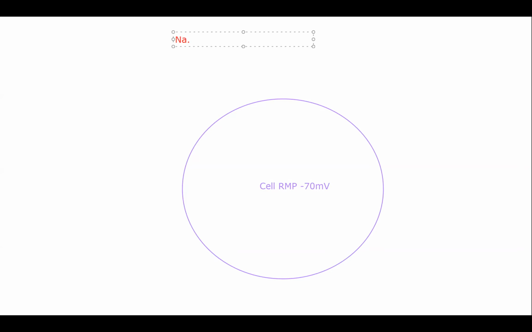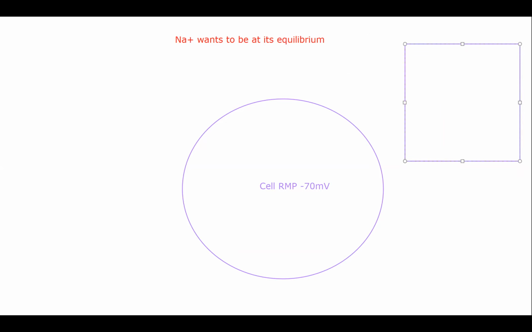Because sodium, being a charged particle, like all 2-year-olds, wants to be at its equilibrium. If you remember way back at the beginning of this class, we talked about beakers, and in that beaker we put a membrane in the middle.